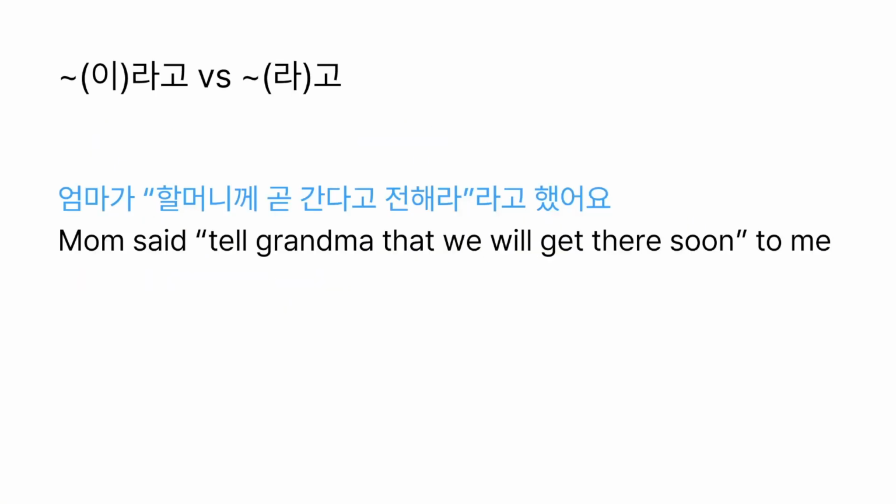For the last, let's see the example which has both particles. So the example is 엄마가 할머니께 곧 간다고 전해라 라고 했어요. Mom said, tell grandma that we will get there soon to me.